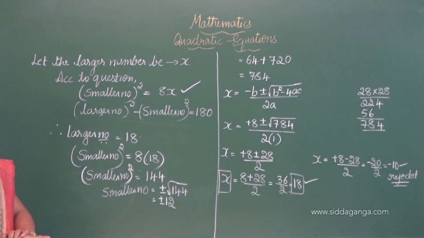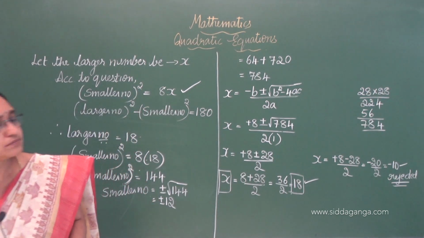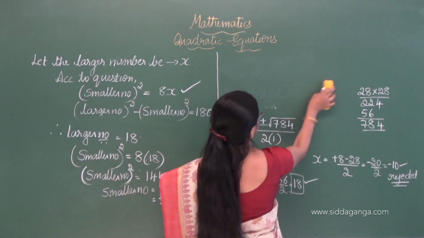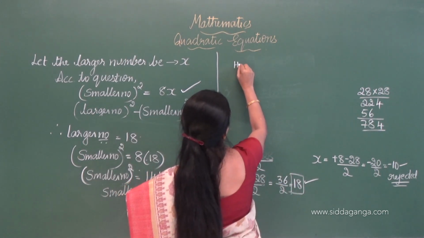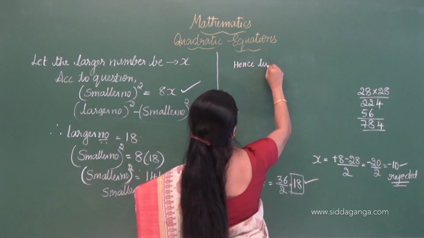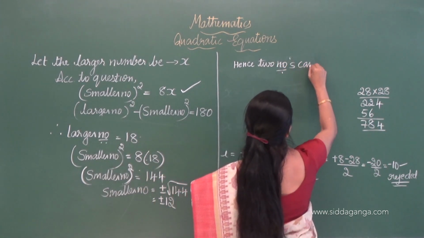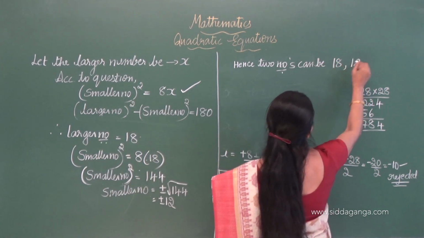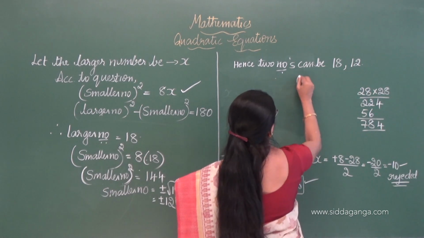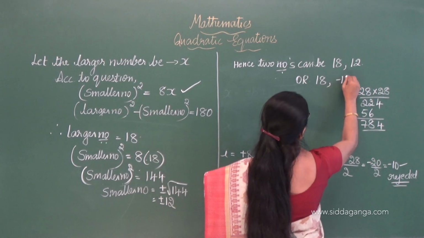Understood? So finally, the answer: hence the two numbers can be 18 and 12, or 18 and minus 12.